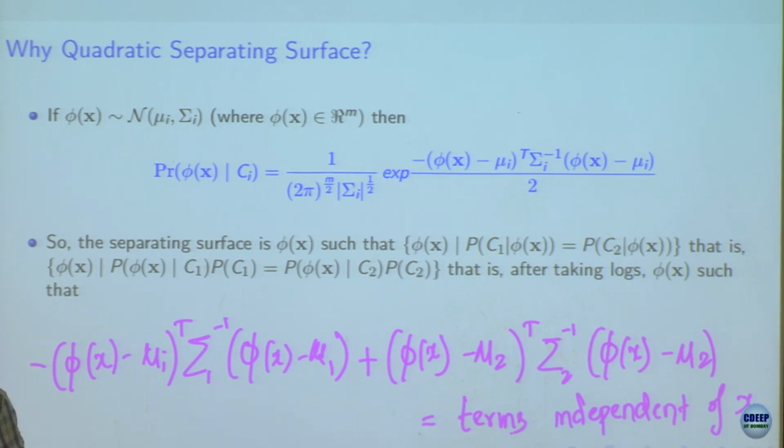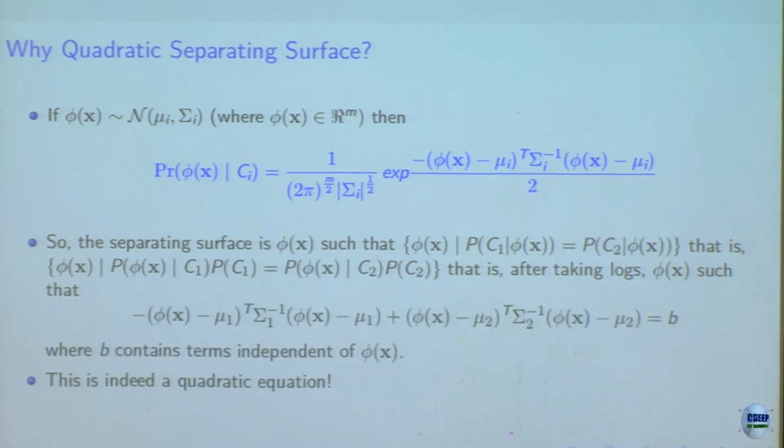This is a quadratic equation and therefore you get a quadratic separating surface. It is called quadratic discriminant analysis.